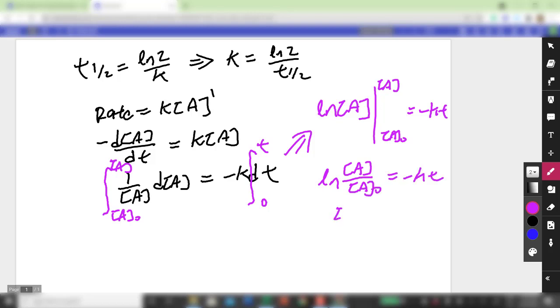From here you can see that the concentration of A depends on A naught and e to the power minus kt. This is an exponential decay, and you can easily use it to prove the half-life equals ln 2 over k and is independent of the initial concentration A naught.